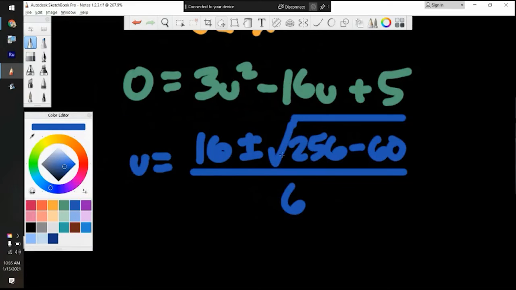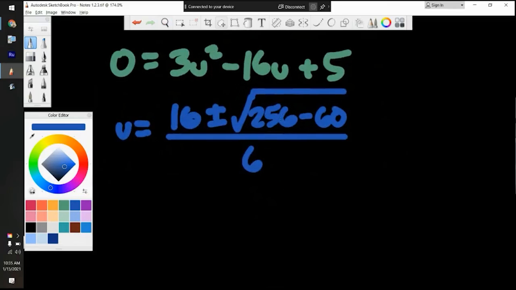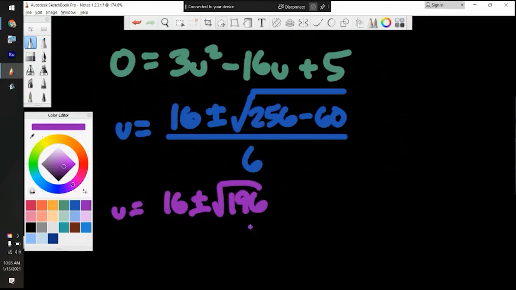Everyone following along okay here? All right. From here, this ends up being 196. So you have u is equal to 16 plus or minus the square root of 196 all over 6. I believe the square root of 196 is 14.